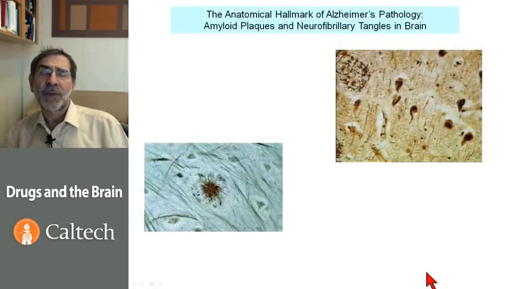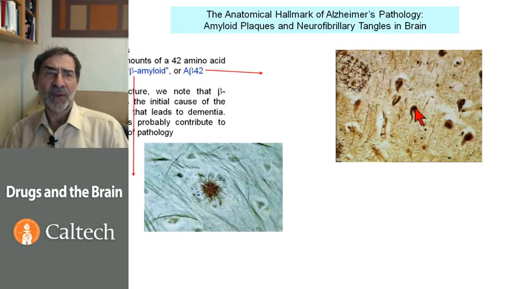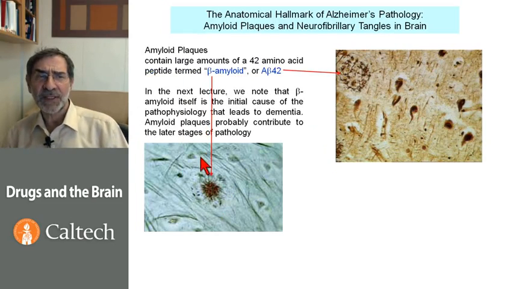The anatomical hallmarks of Alzheimer's pathology, known for about a century, are striking structures in the brain called amyloid plaques and neurofibrillary tangles. A plaque, you can see why it's called that, and a tangle, you can see why it's called that. The plaques contain large amounts of a 42 amino acid protein called beta amyloid, or simply A beta 42.